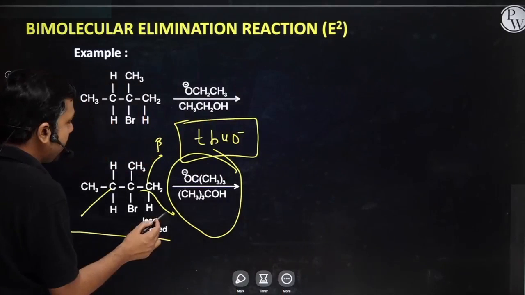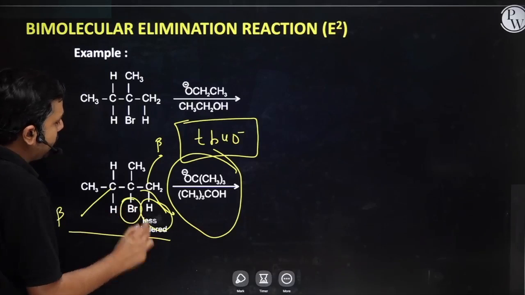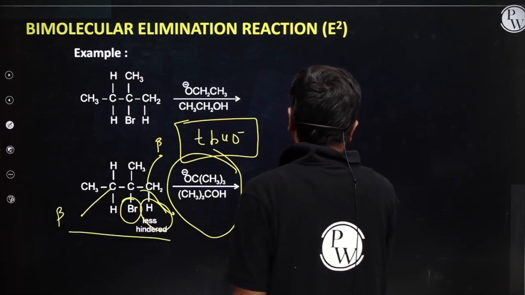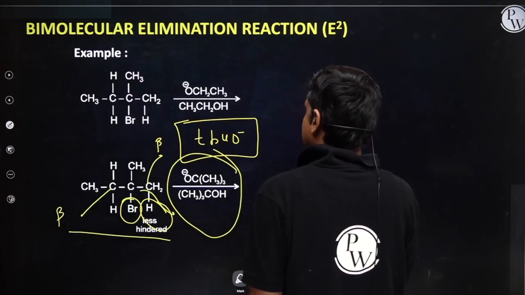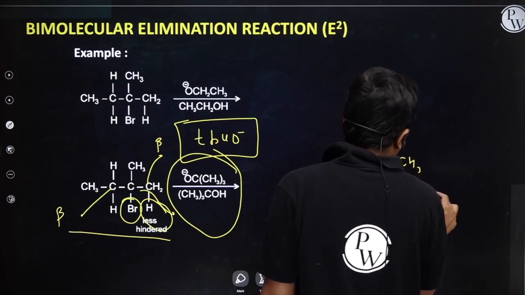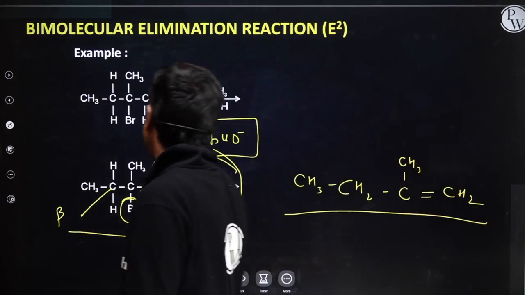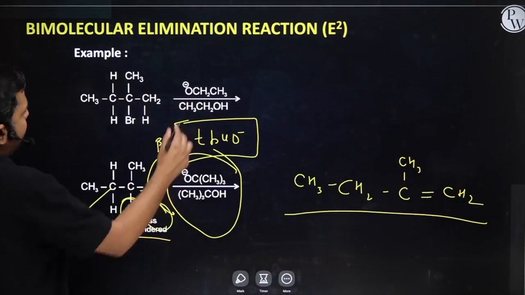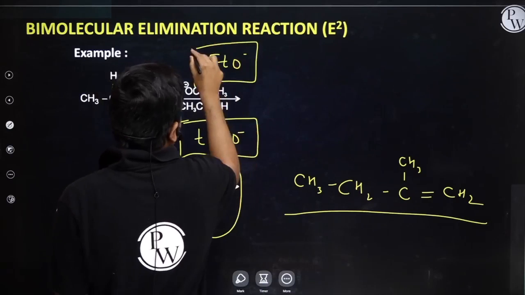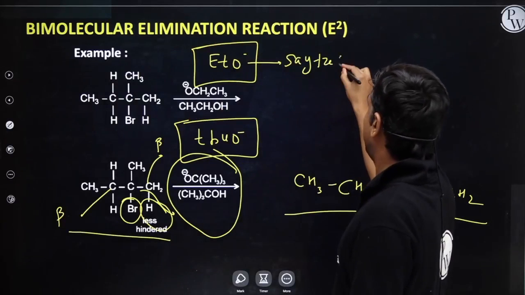So from 1 degree I am going to remove this hydrogen, and simultaneously this halogen will get removed, and I will have the formation of Hofmann alkene. CH3, CH2, C, CH3, doubly bonded CH2. Am I clear? Whereas in this particular case, the base is ethoxide ion. It's not bulky, right? Then I will always form Saytzeff alkene here.